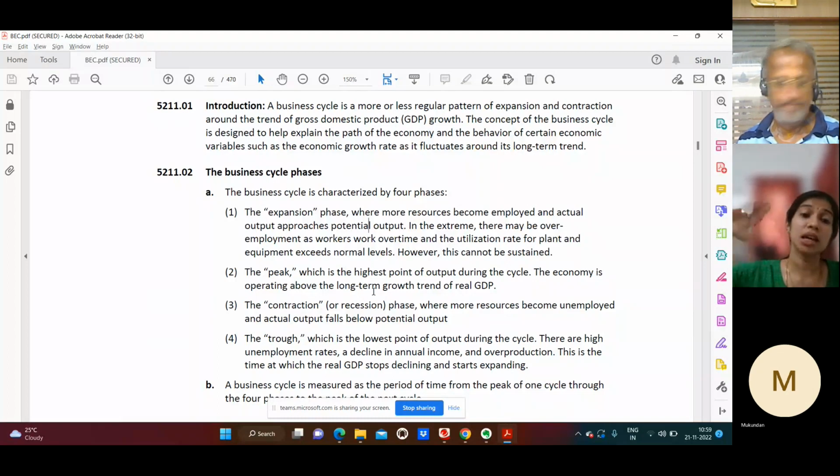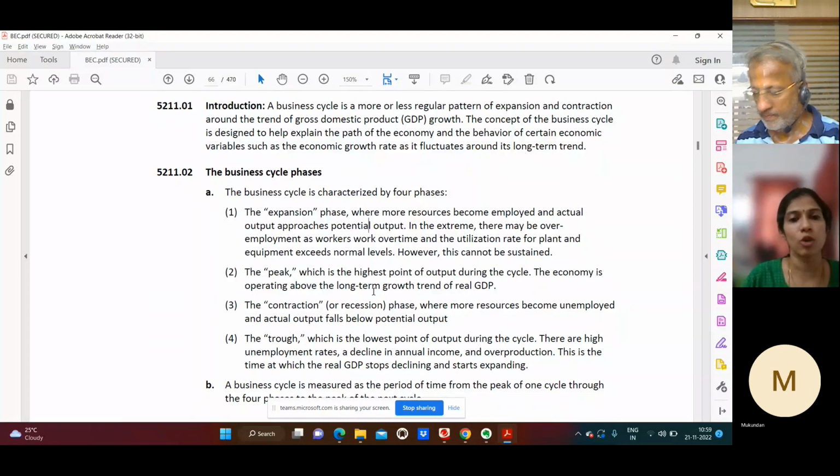Now the peak: imagine that everybody has a mobile phone. Every single person starting from 6 or 7 years old has a mobile phone. Now the possibility of expanding further is limited. It is not the same as when it was booming, when you could sell so many units of mobile phones.